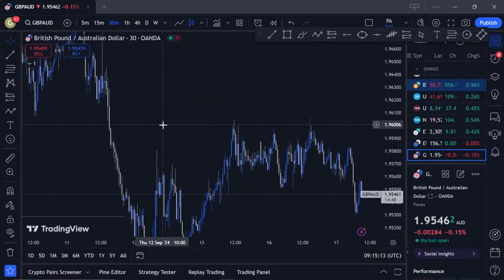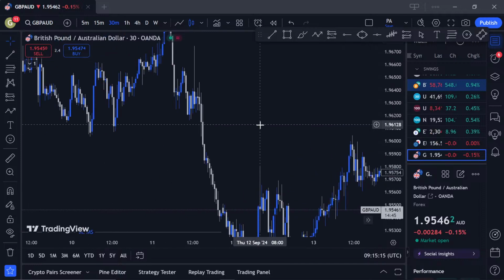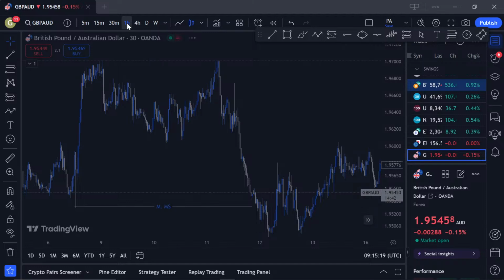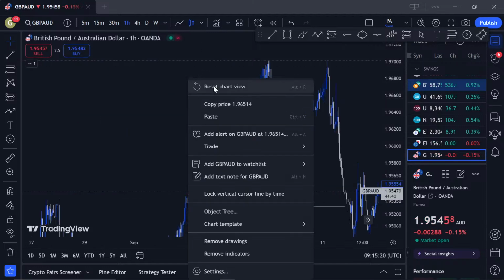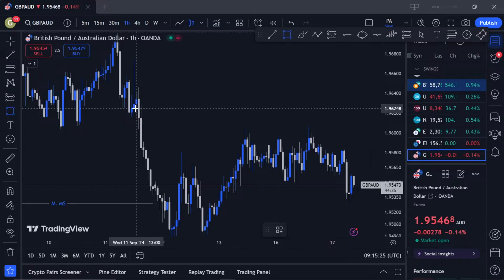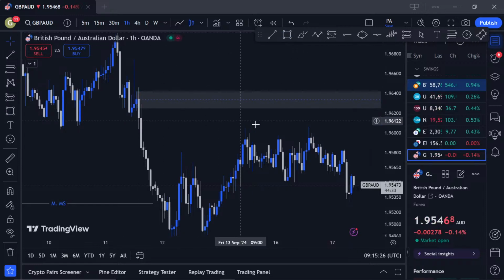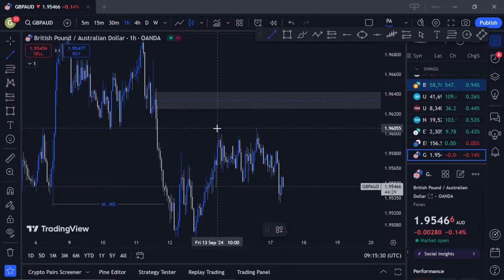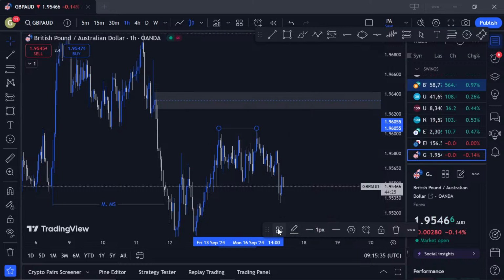I just want to look at the overall one here. Okay, here's the supply right here. So this market needs to come and sweep these equal highs here. These equal highs become a liquidity here.